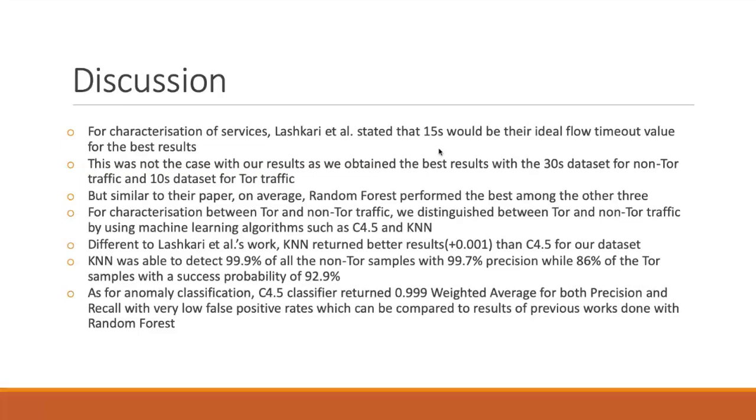As for anomaly classification, the C4.5 classifier returned 0.9999 weighted average for both precision and recall with very low false positive rates, which can be compared to the results of previous works done with random forests.